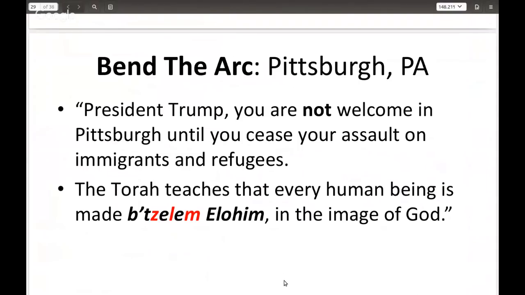And in that letter, which I will not read the whole thing, these 2 lines stood out to me for different reasons. It says, President Trump, you are not welcome in Pittsburgh until you cease your assault on immigrants and refugees. The Torah teaches that every human being is made Btzelem Elohim, in the image of God.